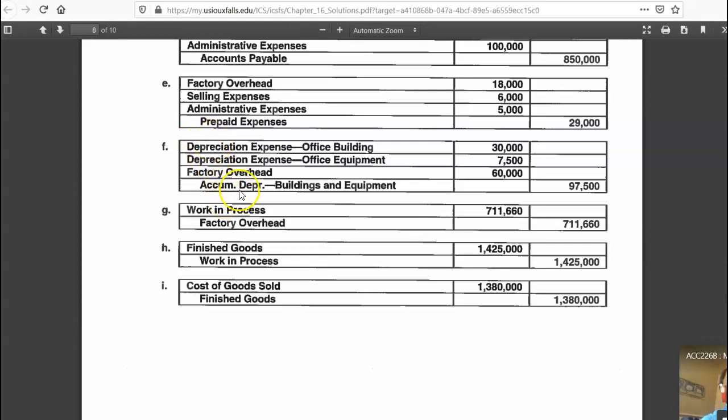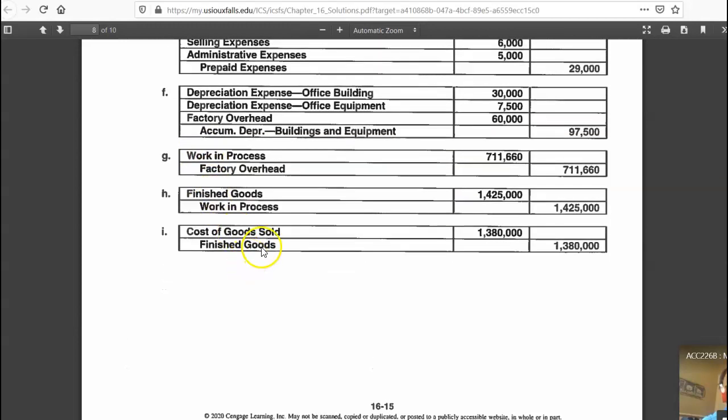Incurred some depreciation expense. Some of it goes to the building of the office, some of it's equipment for the office, and then this has to be factory. Because it's factory, it goes into factory overhead. Then, as we started talking about today, if it's getting credited, we're putting it to the job.